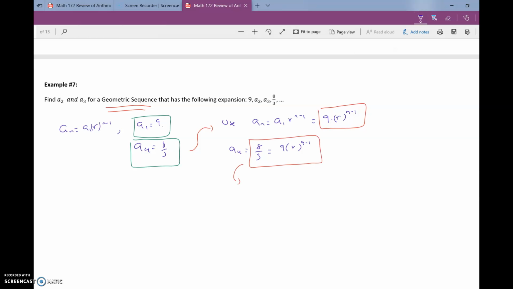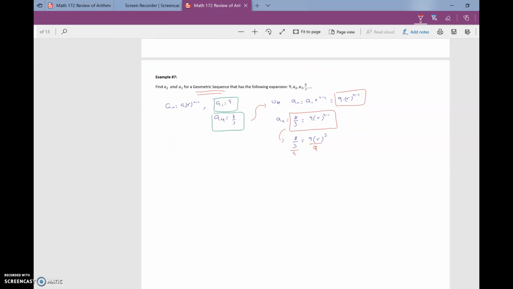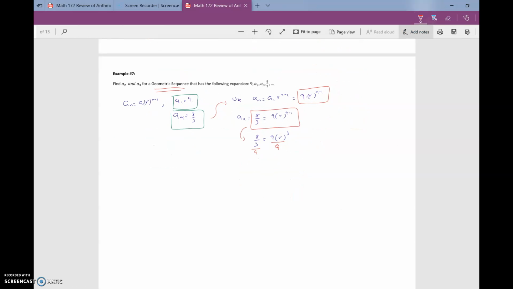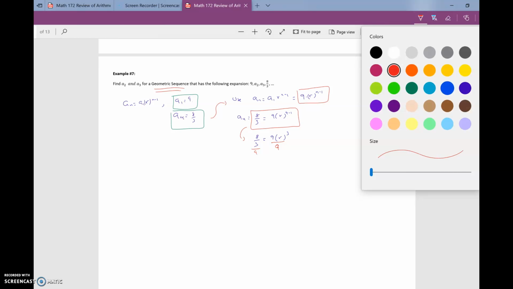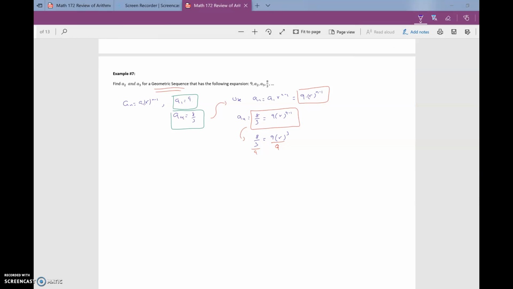So I'm using this portion of it. In this case, we're looking at 8/3 is equal to 9 times r to the third. In this case, divide by 9, so that we have that 8/27 is equal to r to the third.